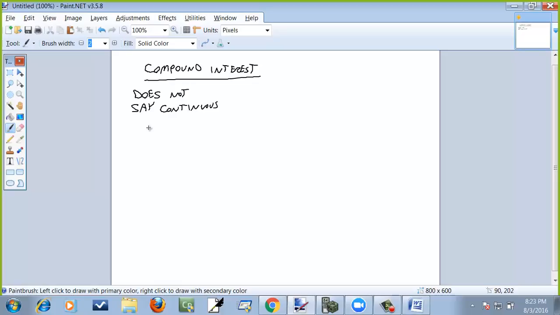It might say compounded quarterly or compounded monthly, and it's A is equal to P times 1 plus r over n to the nt power. And then you have your second type that does say continuous, and it's our PERT formula. We've got A is equal to P e to the rt.